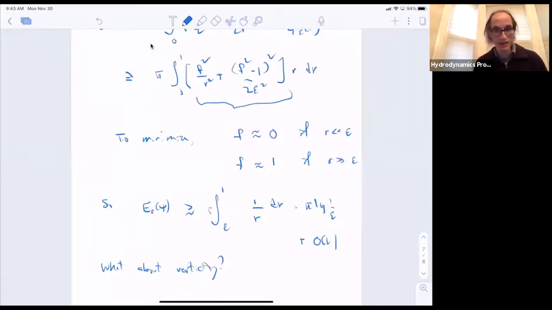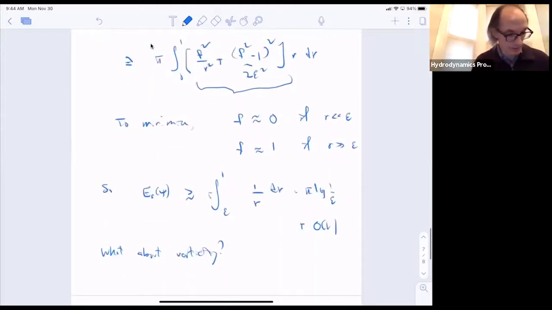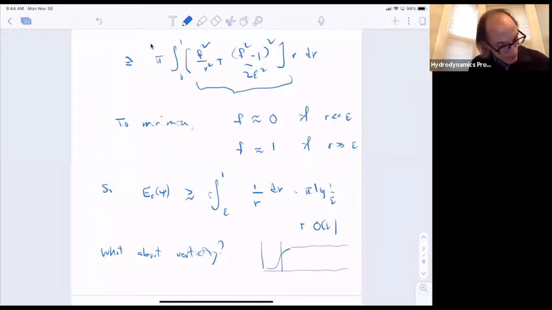If the energy is that big, then we know that the set where the modulus is, say, less than a half can't have volume much larger than epsilon squared times some small factor. And so really f has got to look like as described to have small energy. It's on a scale of epsilon.